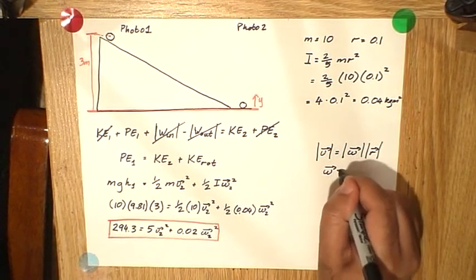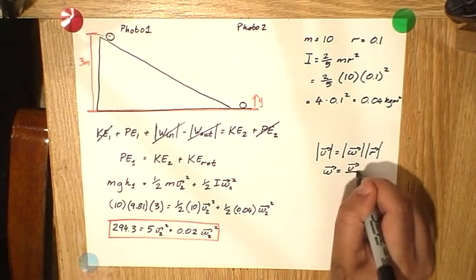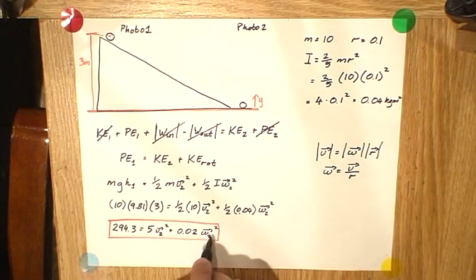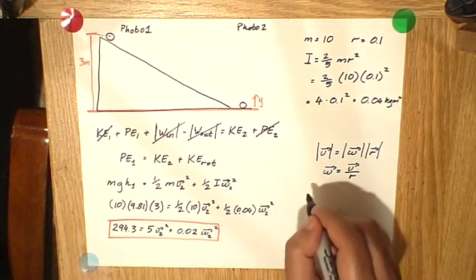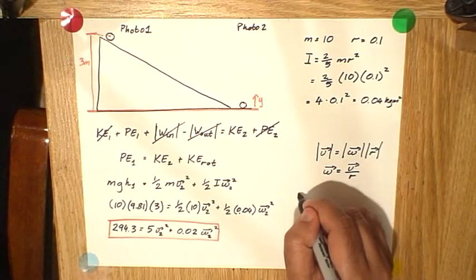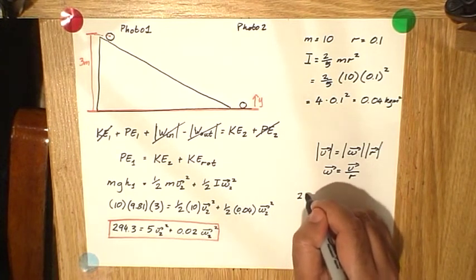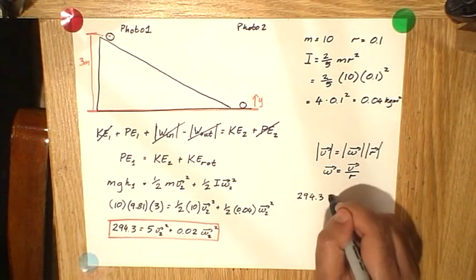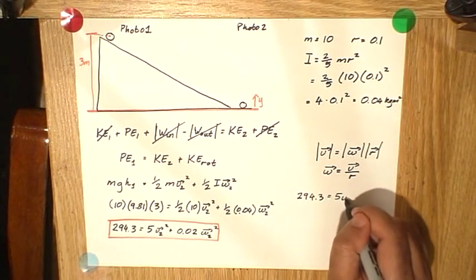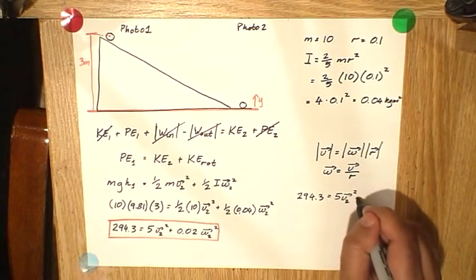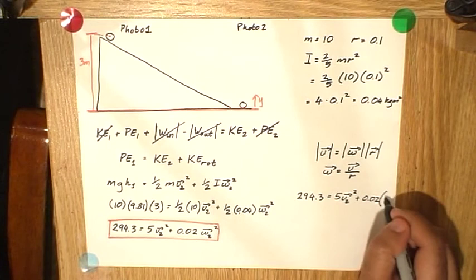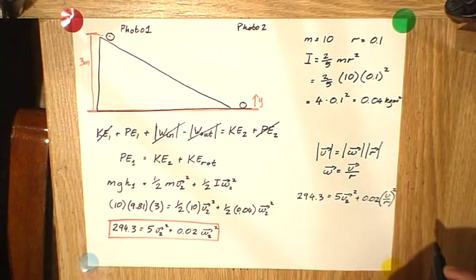I could say that omega is going to be equal to v over r. And I can plug this in for omega over here. So that's going to give us 294.3 is equal to 5 v2 squared plus 0.02 times v over r, whole squared.